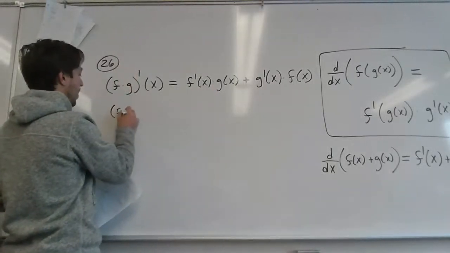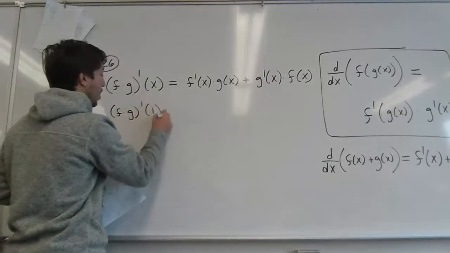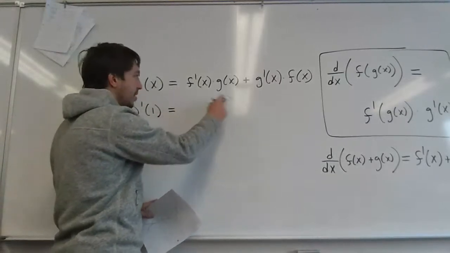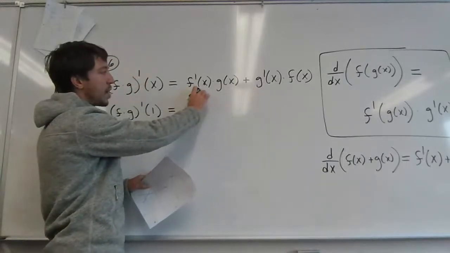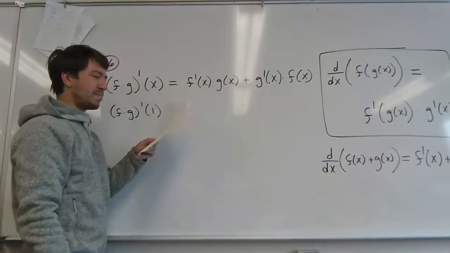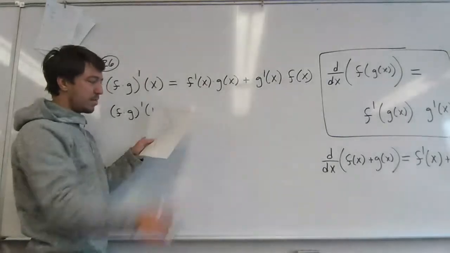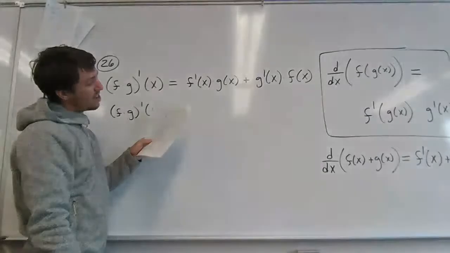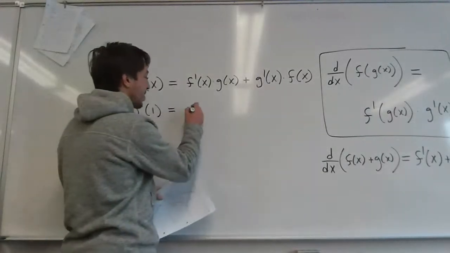So F times G prime of 1 would be, now here's where you don't have to write out F prime of 1 times G. We know what it means now. So F prime of 1. What's F prime of 1, based on the graph? It's -1, very good.